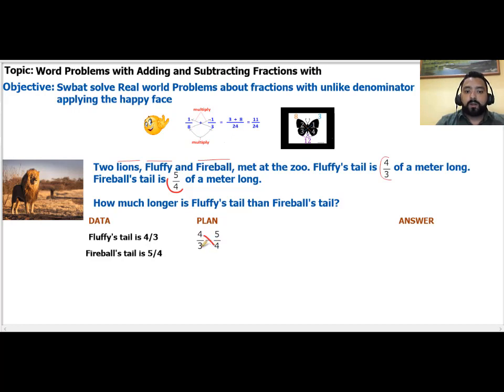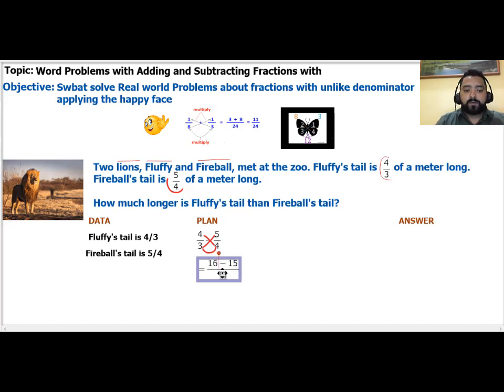Then we are going to use the happy face method to solve this subtraction. 4 times 4, 3 times 5, and 3 times 4. Remember, we are going to do the cross multiplication. 4 times 4 is 16. We copy minus because it's a subtraction. 3 times 5 is 15.